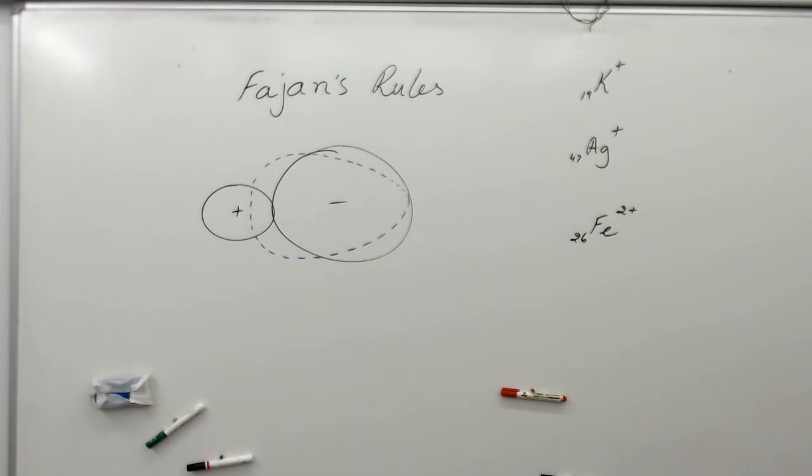So for potassium, it's 3s1. What would be K plus? Potassium is not 3s1. Potassium is 4s1. So it's 3s2 3p6 for K plus, 3p6.